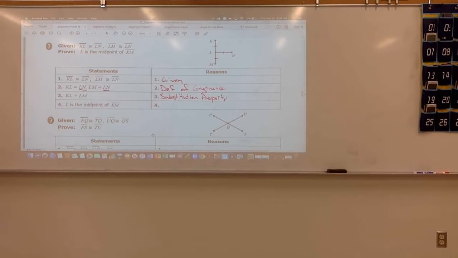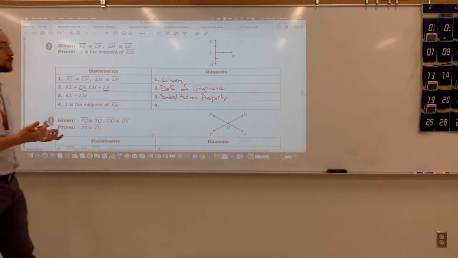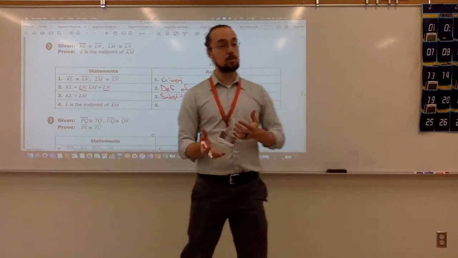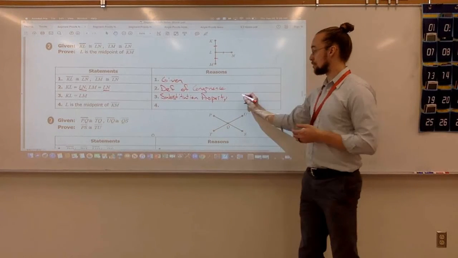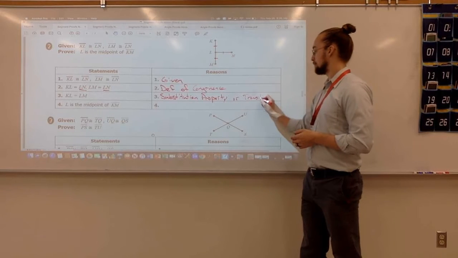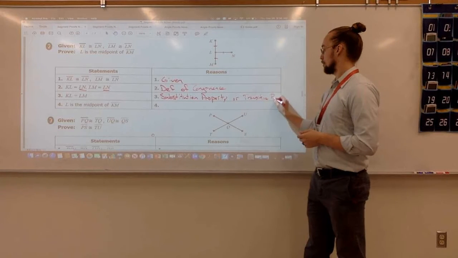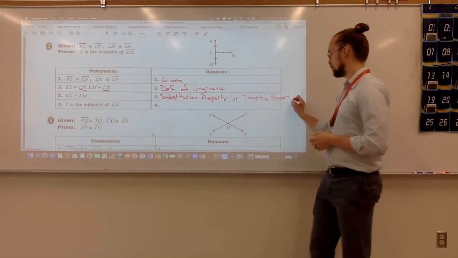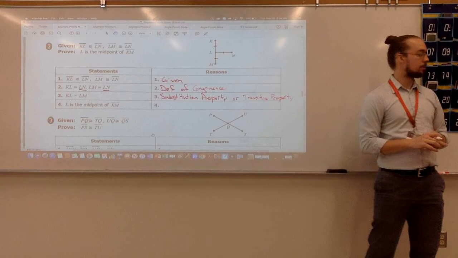Which property lets me say that? Transitive. Yes, if two things are equal to the same thing, they're equal to each other. So we could use substitution here or transitive. Both of those would be correct. And you don't have to write both of them. You can just write one or the other.